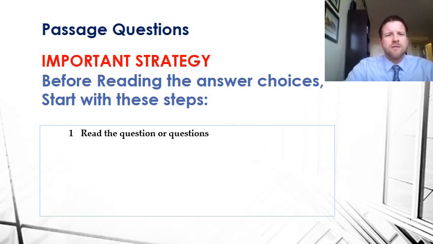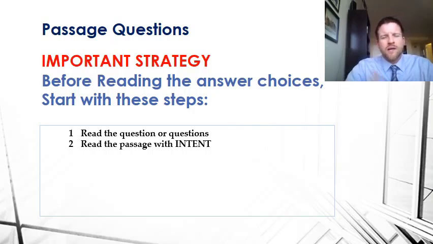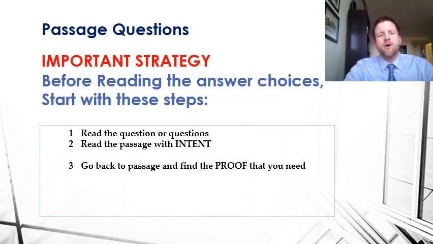That allows us to read the passage with intent. We're not just reading the passage and hoping that we remember something down the line when we have to answer the questions. We're reading the passage with intent, already knowing what we're looking for. So read the questions first, then read the passage with intent, then go back to the passage and find the proof that you need in order to answer the question.